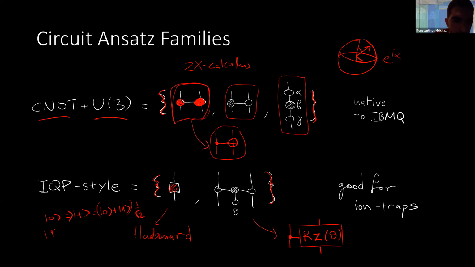It sends the 1 state to the minus state, which is the same but with a minus. So input comes in and output comes out. If the input is 0, for example, you will get the plus state out.